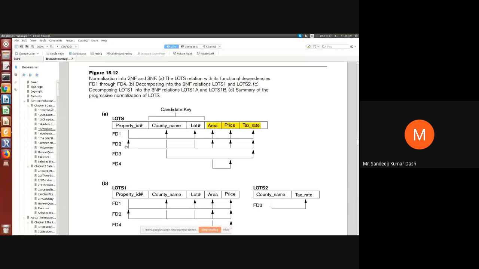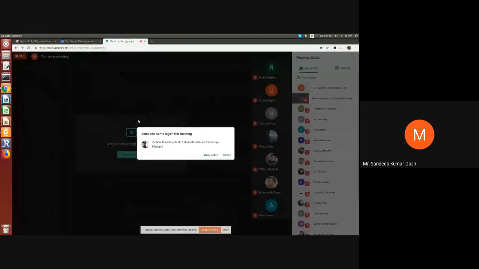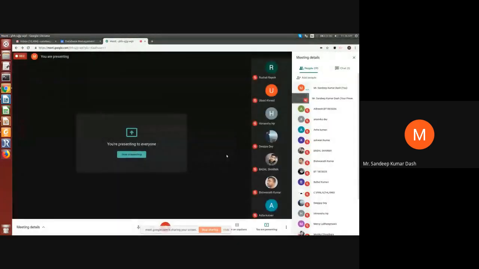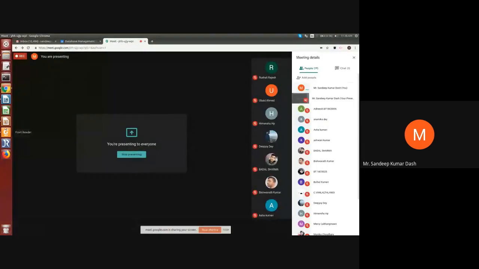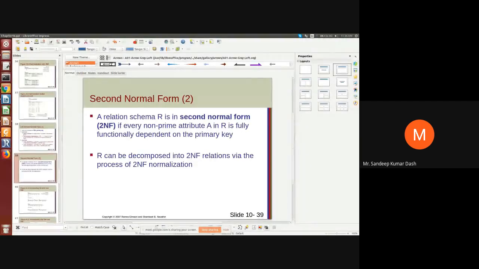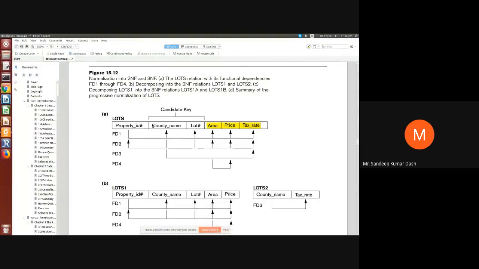But in this case, county name and lot number are determining area, price, tax rate, and property ID. Fine. But property ID is a prime attribute, so no need to check. This is the Y side. So if it is dependent fully or partially, that doesn't matter.